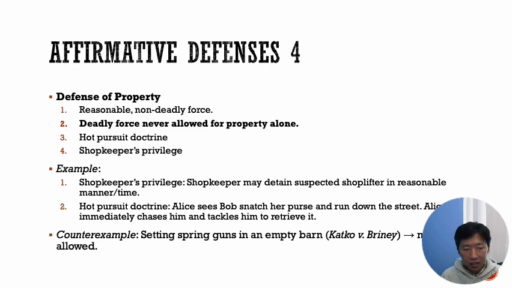Alice immediately chases him and tackles him to retrieve it. Both of them are okay, because those will be considered defense of property. A counterexample is setting a spring gun in an empty barn. That's a typical case, Katko versus Briney. So that is a no-no, not allowed.